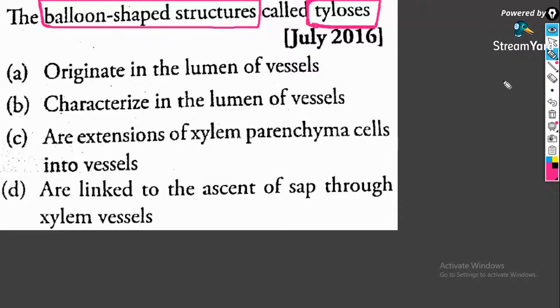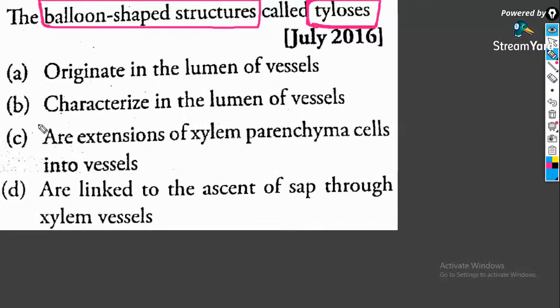Let me know the correct answer for the question from you guys. Balloon shaped tyloses. Yes, guys, what are balloon shaped tyloses? They are the balloon shaped structures in xylem vessels, developed by parenchyma cells.